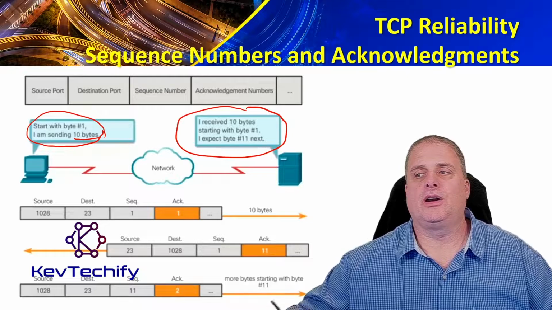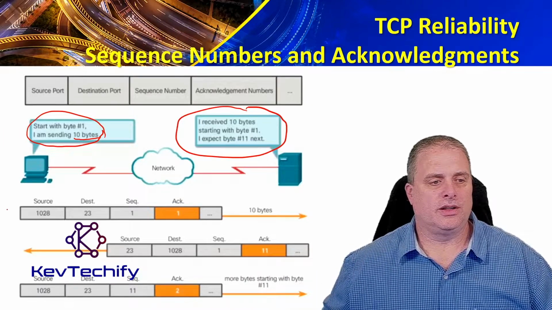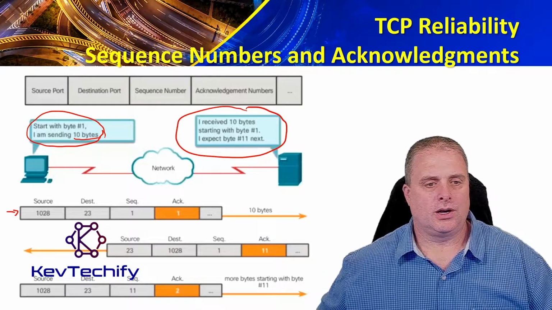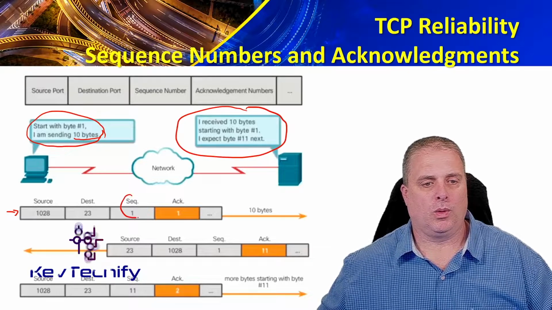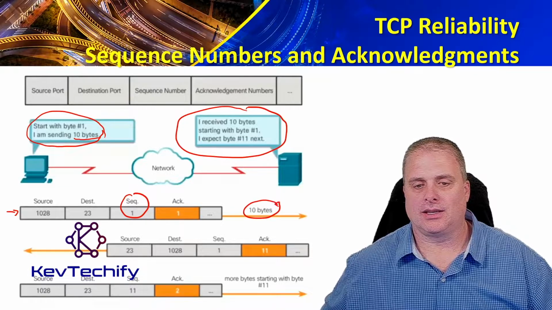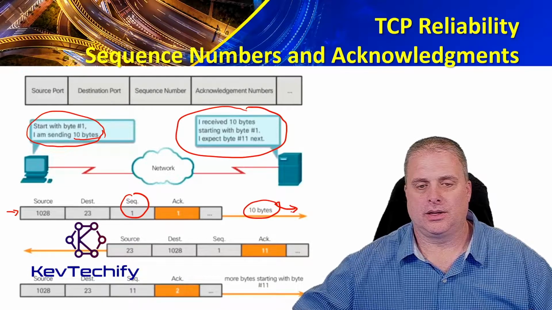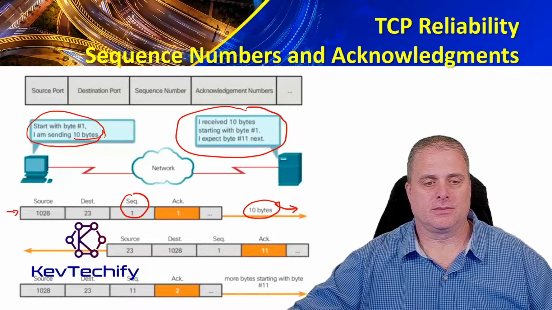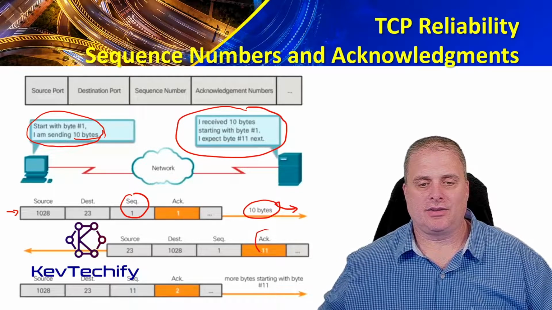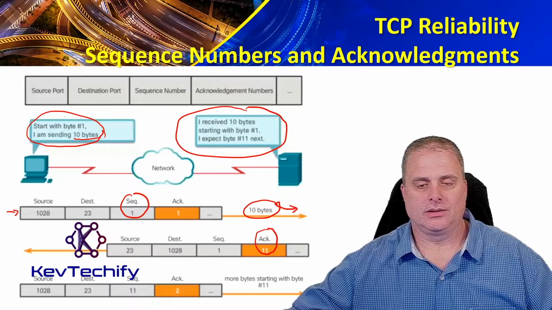If we look down here at the bottom, we can see in the first segment, starting with sequence number 1, 10 bytes have been sent. Right there, we've sent 10 bytes. The receiver sends an ACK 11, an acknowledgment 11.